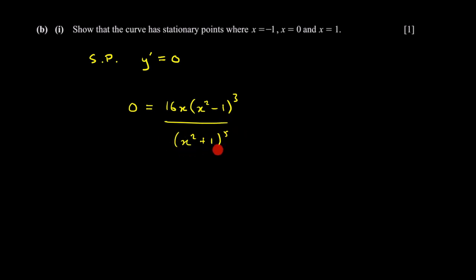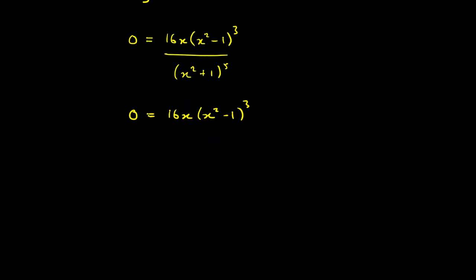If I multiply both sides by (x squared plus 1) to the power of 5, then on the right-hand side, I'm just left with the numerator, but on the left-hand side, I've multiplied by 0. And of course, if I multiply anything by 0, I get 0. So what I'm left with is just the numerator. I'm sorry if that seems a bit unnecessary to explain to some of you, but a lot of students are actually confused by that.